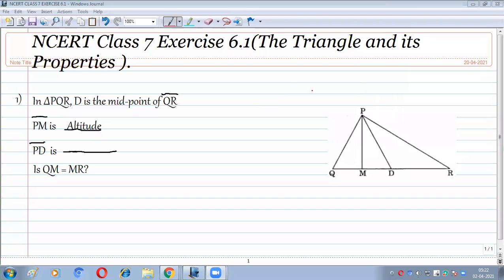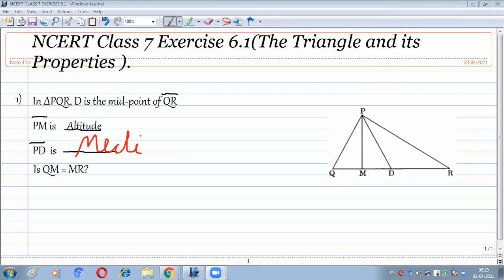Now you can answer this question: what is line PD? D is the midpoint of line QR, and P is the vertex. So a line which passes through a vertex and ends at a midpoint is called a median.